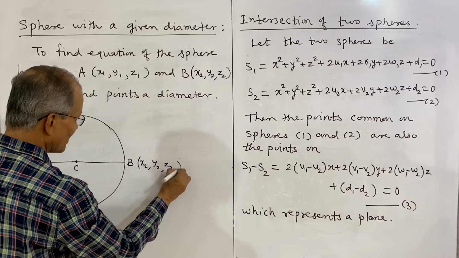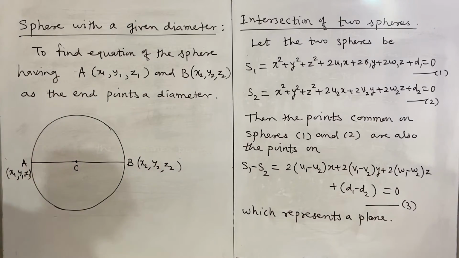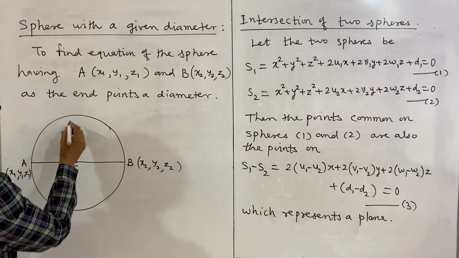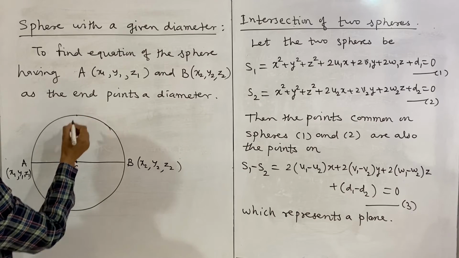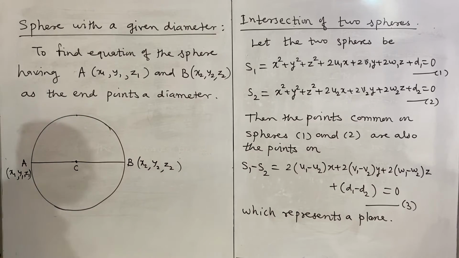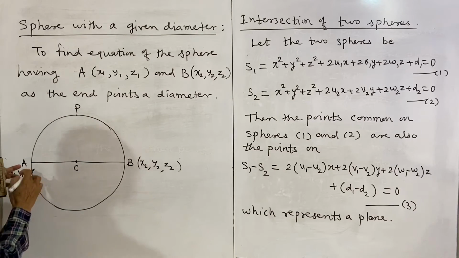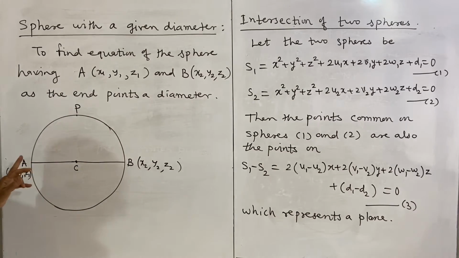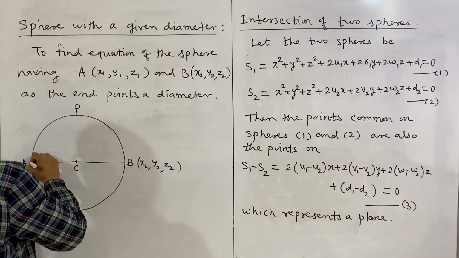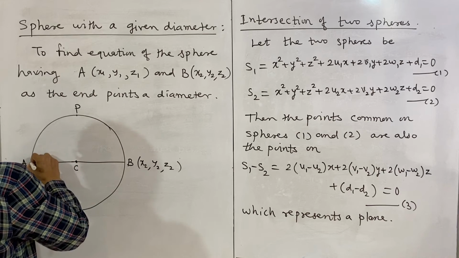Now to obtain equation of this sphere, we shall take the section of this sphere by a plane passing through the center, and that section will have these points A, B and P. So we will join AP and then PB also.